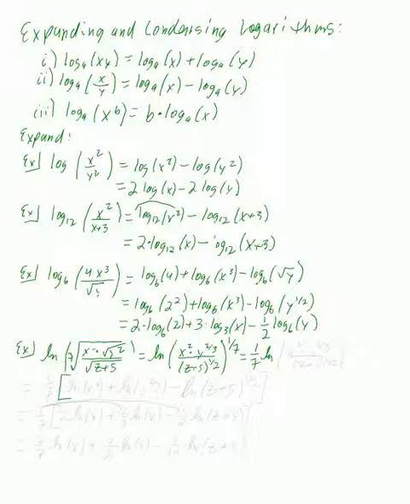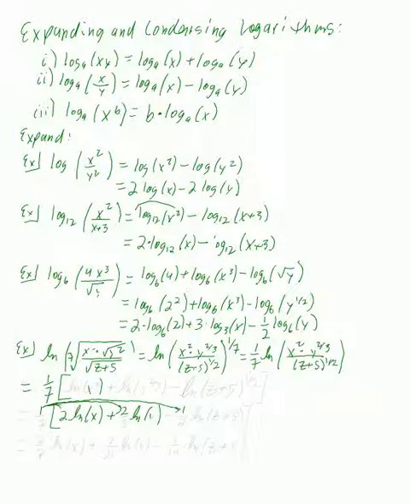I'm left with natural log of x squared times y to the 2/3. And below we have z plus 5 raised to the 1/2 power. Alright, now we got to keep this 1/7 out here. 1/7. I'm going to put a big bracket there.